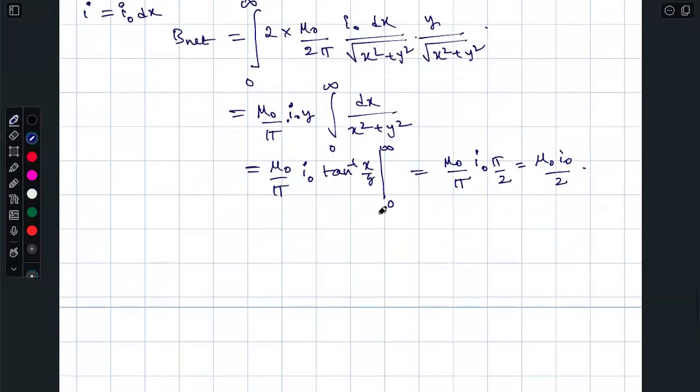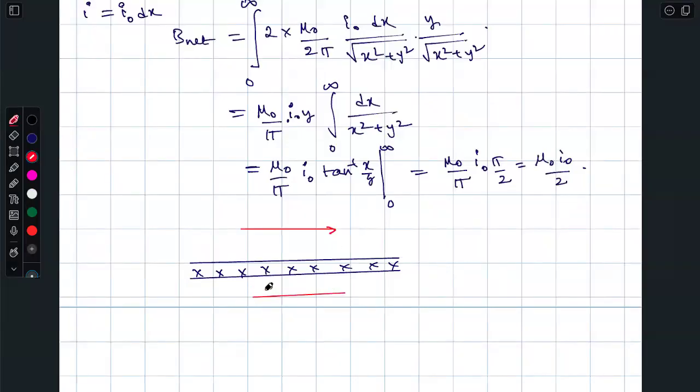So if you have an infinite sheet of charge, suppose in your view it is carrying current like this, above which field will be in this direction, below which field will be in this direction, and whose magnitude is mu naught I naught by 2.